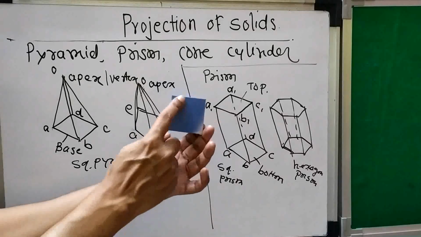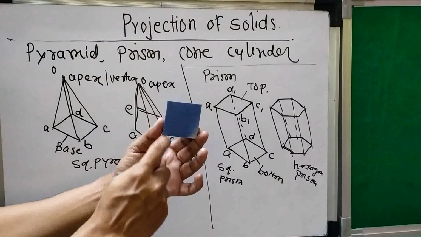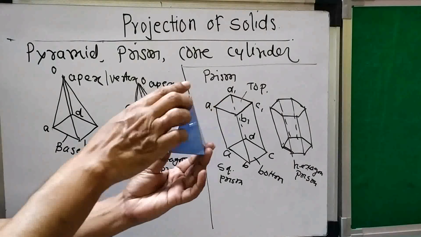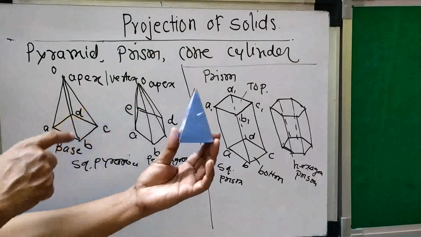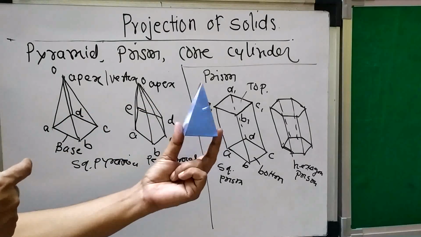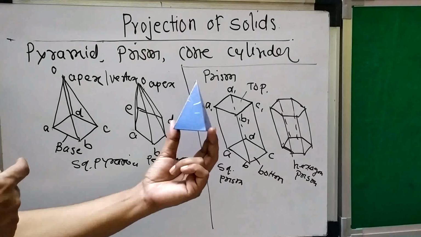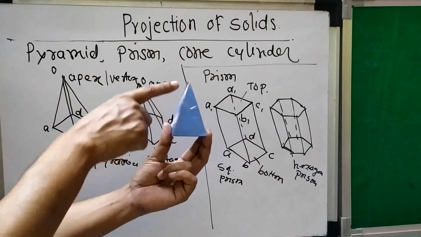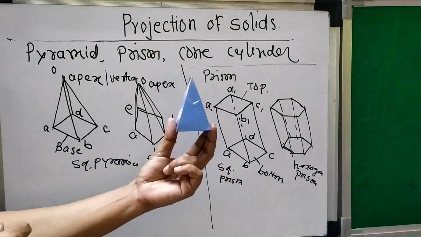So this is a square base, and from each side the triangular faces emerge and they meet at one point called the apex or vertex. So this is an example of a square pyramid. A pyramid always has triangular faces, and they are merging at one point.